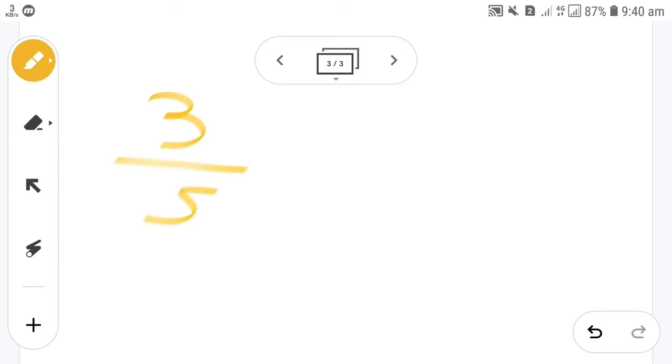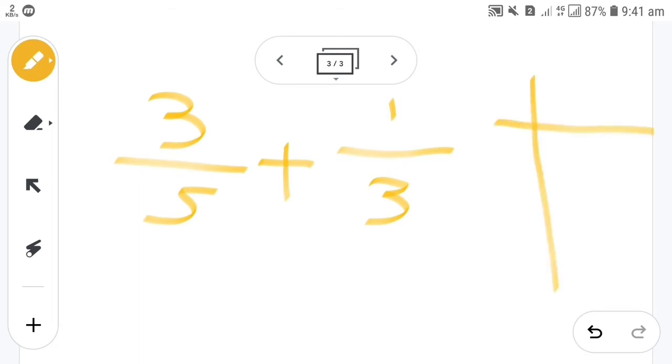And now 3 by 5 and 1 by 3 are two fractions. These are unlike fractions and we are going to add now. To add unlike fractions, we have two methods. One method is to find LCM and other method is to equalize their denominator.